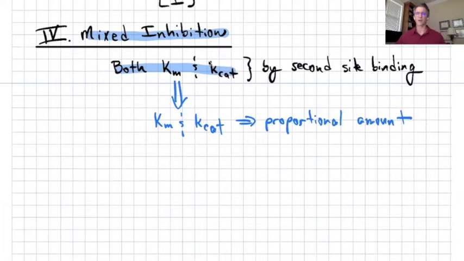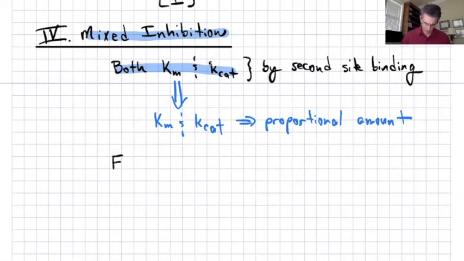But for one special class of mixed inhibition, it's probably worth knowing a little bit about what the scheme would look like. Again, I'm not going to derive the steady state expression because this type of inhibition is exceedingly rare. Again, does happen, but is not really common.